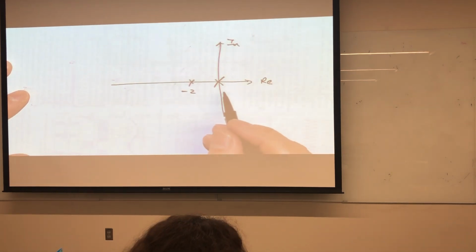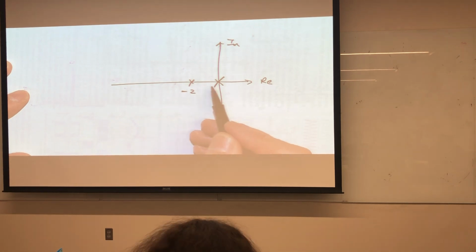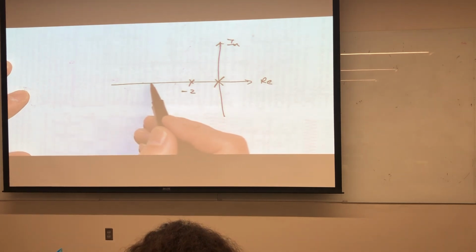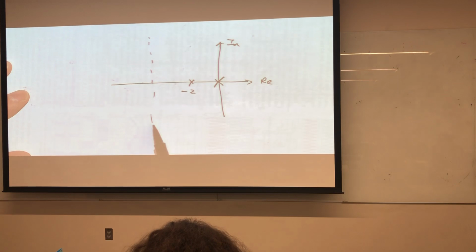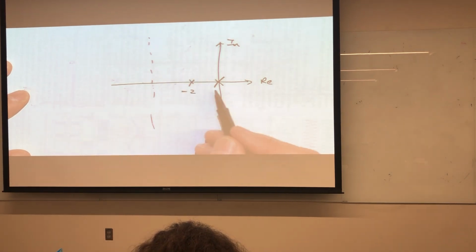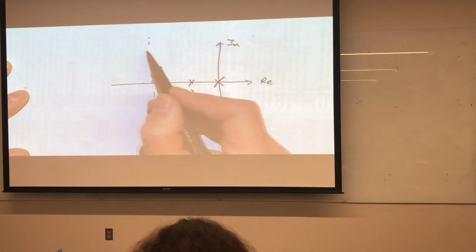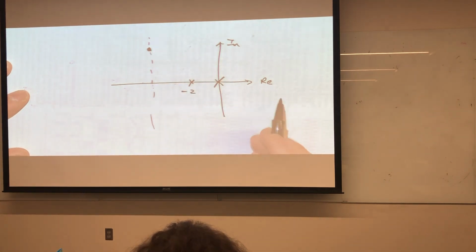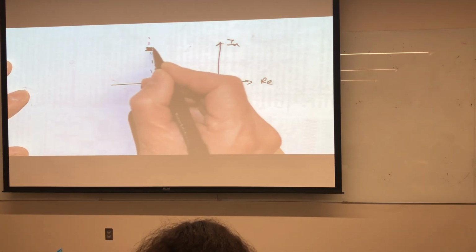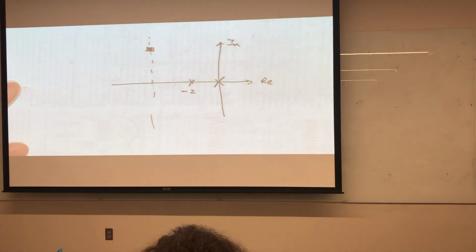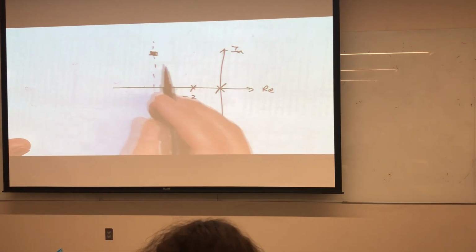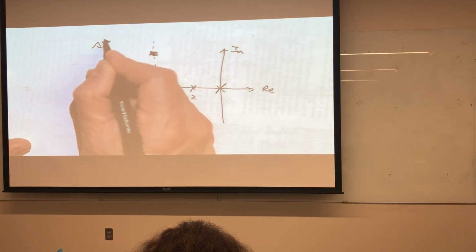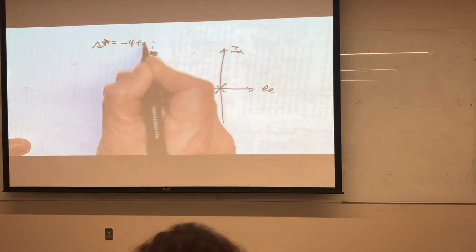But we want the time constant to be equal to 1/4, which means it needs to be on a line somewhere out here at -4. And we want the real and imaginary part to be the same, so this is where our closed loop pole should be. So if you're using SISO tool, this is where our pink box needs to be. S star is equal to -4 plus J4.